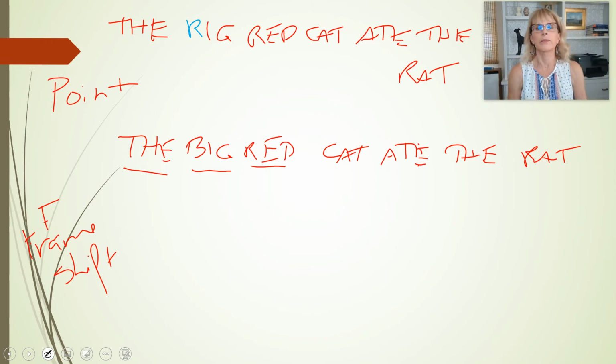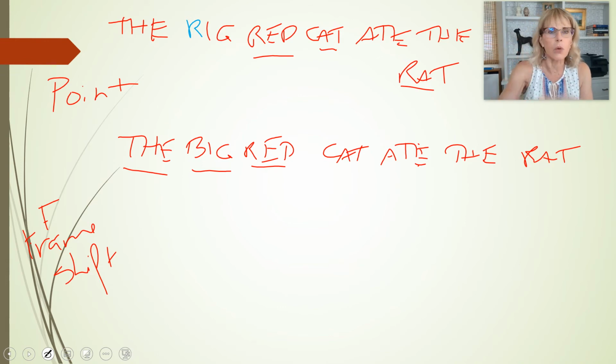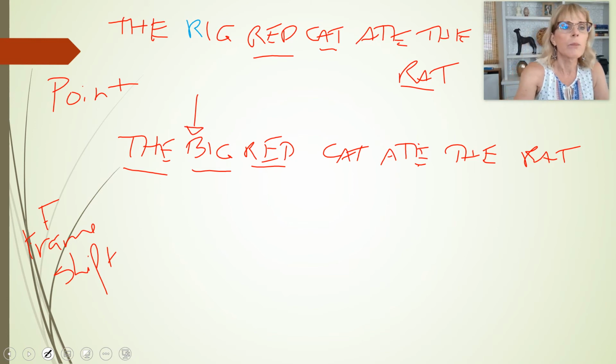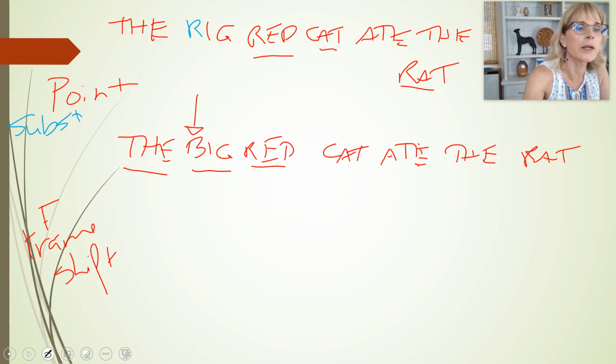Now, does the sentence make sense anymore? Well, yeah. You're going to be left wondering what a rig red cat is, but you know it's a red cat, and you know it was bad for the rat. So you basically have the meaning of the sentence. This is called a point mutation. Why is it a point mutation? Because at one point in the DNA, there has been a substitution of one nucleotide for another, right?